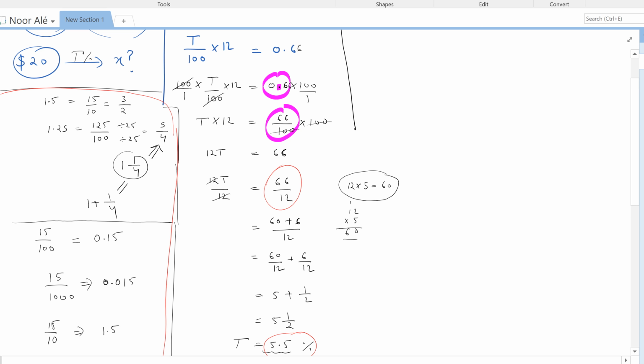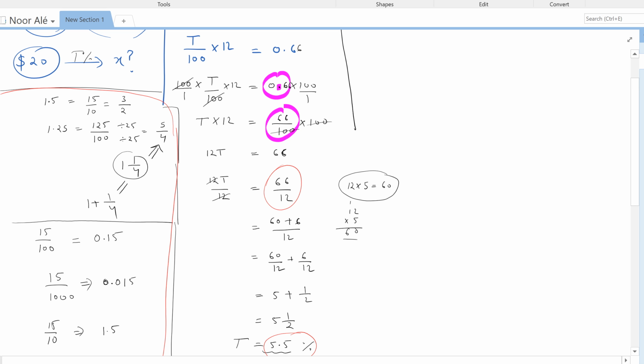That means you can break down 78 as 72 plus the remaining 6, right? So break down or write 78 as 72 plus 6, over 12.